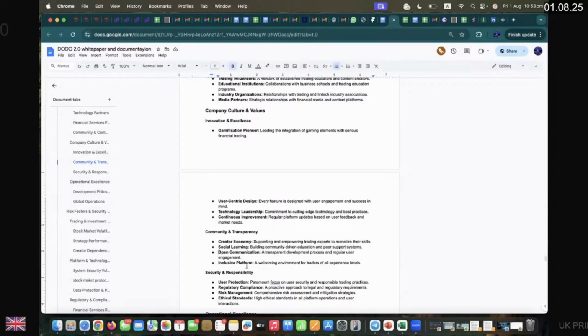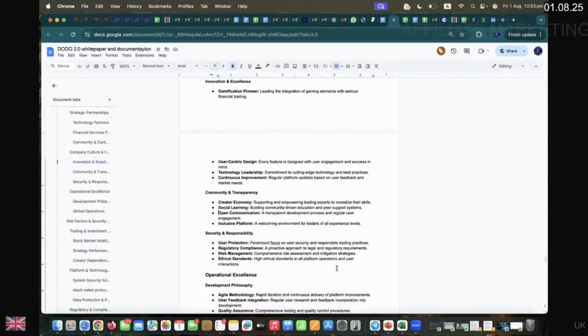A welcoming environment for traders of all experience levels, and they will get mature with us, and they will learn and earn more and get expertise while reaching from beginner level to higher levels by just gaining experience and at the same time multiplying their wealth.